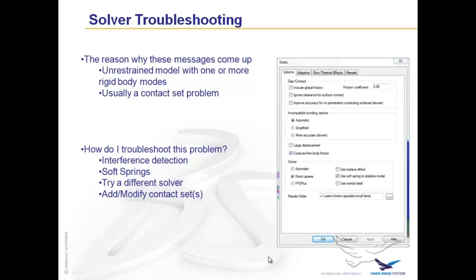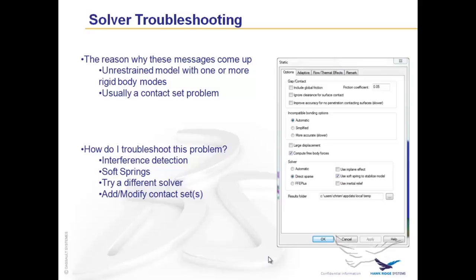Another way to troubleshoot this is to use a tool in the static, well, not just the static, but the properties of the study that's called soft springs. And there's a checkbox here in the screenshot that says use soft springs to stabilize the model. Imagine what this is doing is it's putting a whole bunch of foam around your model. I like to think of it as foam.